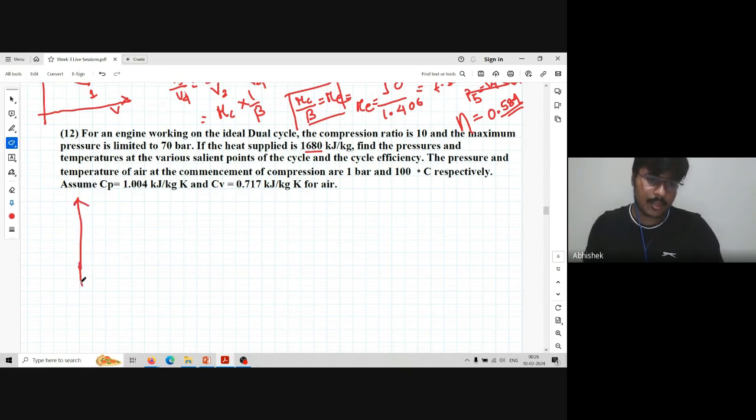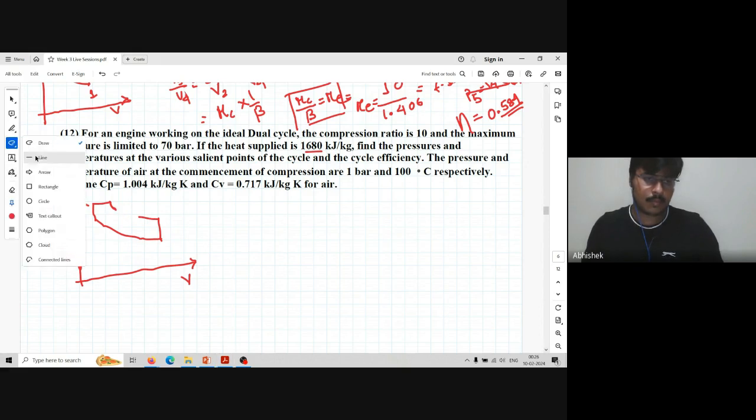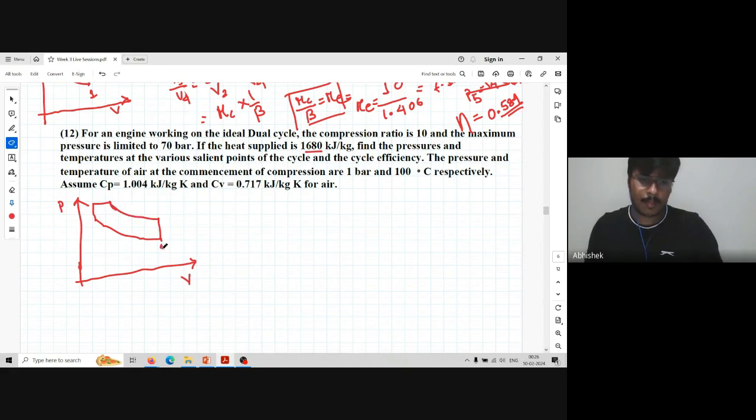First of all, the question is of an ideal dual cycle. So just draw a dual cycle. This is P versus V. A dual cycle somewhat looks like this. Okay, it looks like this.